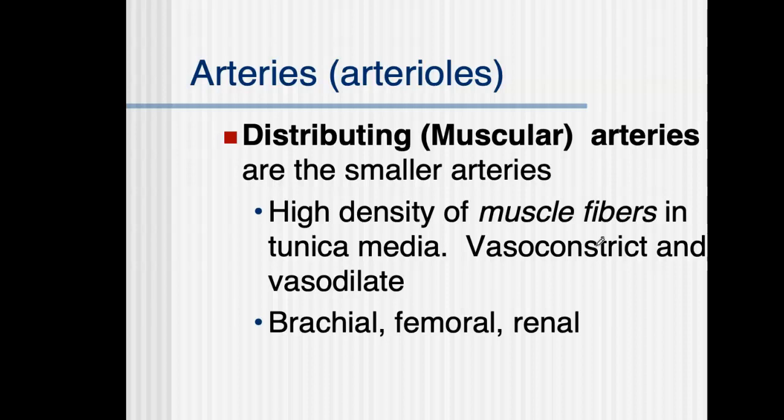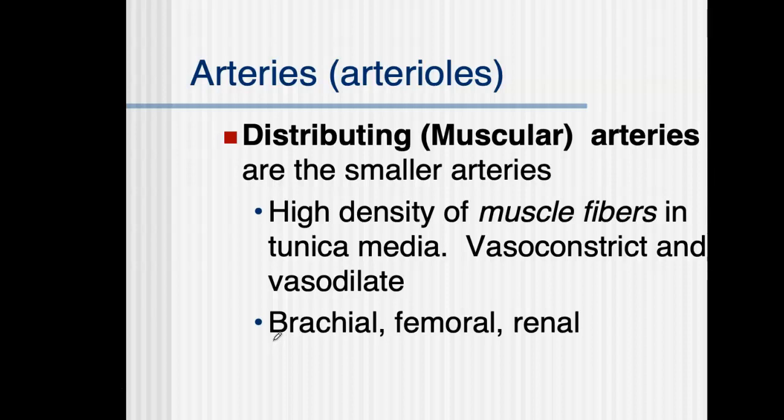And what they're going to be able to do very efficiently, and we want them to be able to do that, is to vasoconstrict and vasodilate, which means reduce the radius of that vessel or increase the radius of that vessel. So here I have the brachial listed, but really the brachial maybe can be thought of as both a distributing and an elastic. So I would never make you differentiate that in a test.